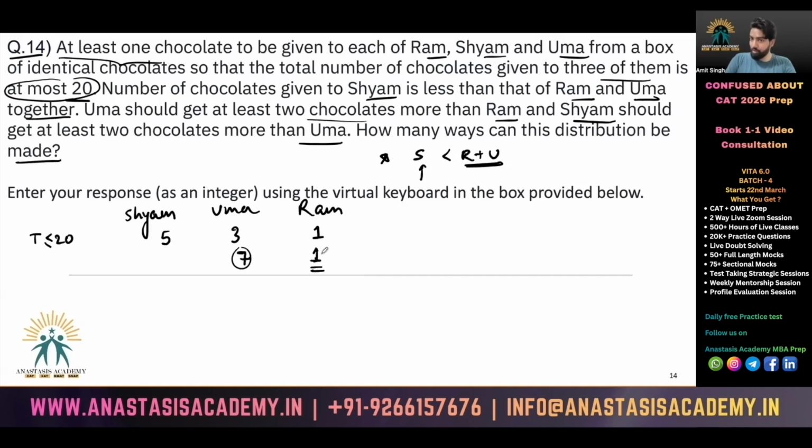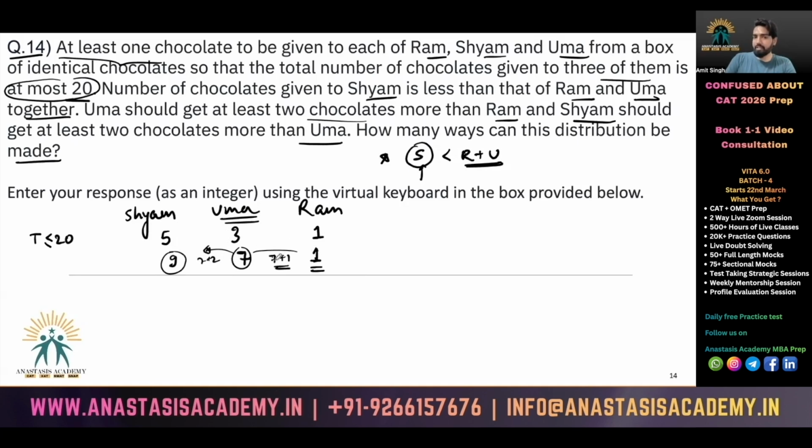But Shyam has to have fewer chocolates than this sum, and also at least 2 more than Uma. The least Shyam could have is 9, that is 7 plus 2, but Ram plus Uma would have 7 plus 1. So this number can never be less than that number, because we are adding 1 to it. So it is not possible.